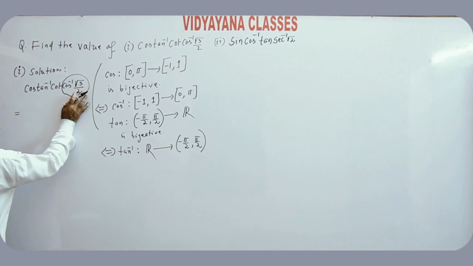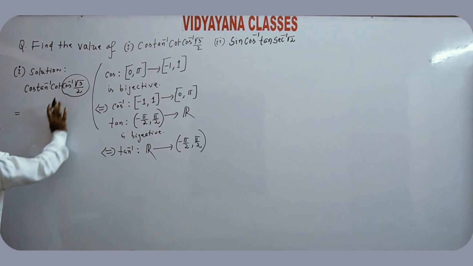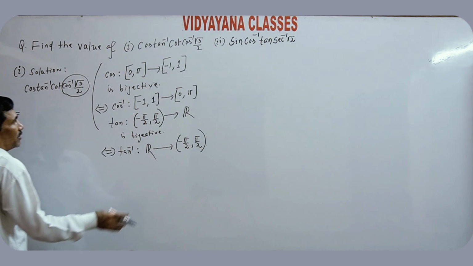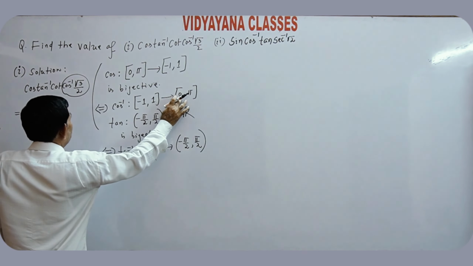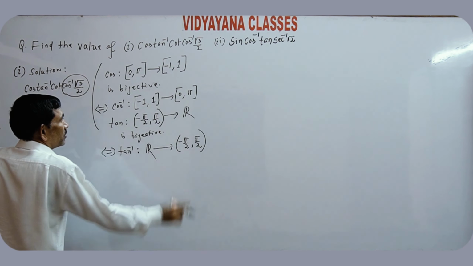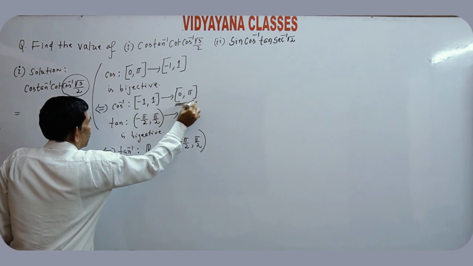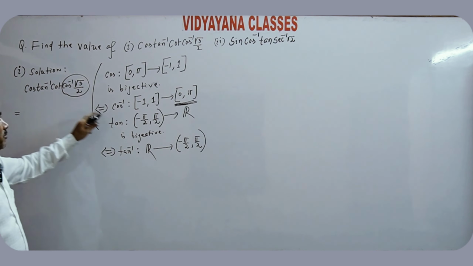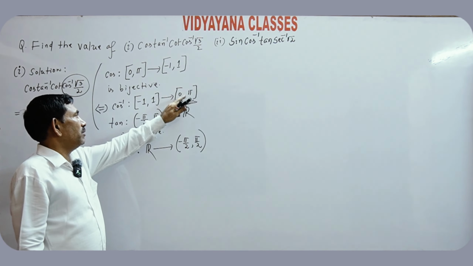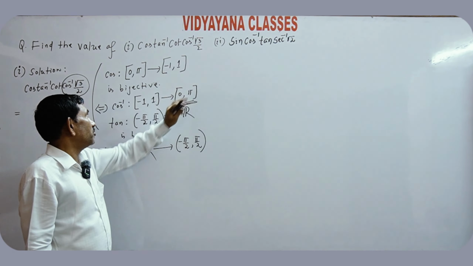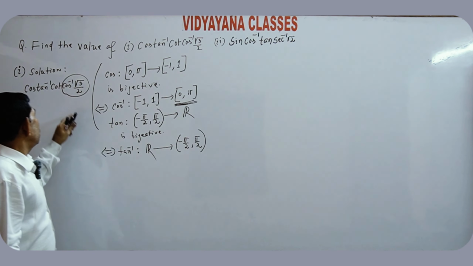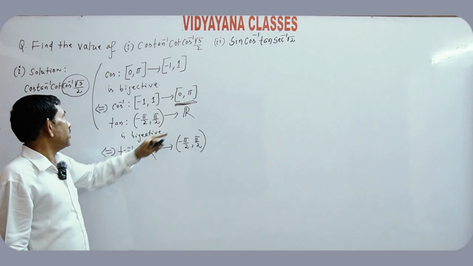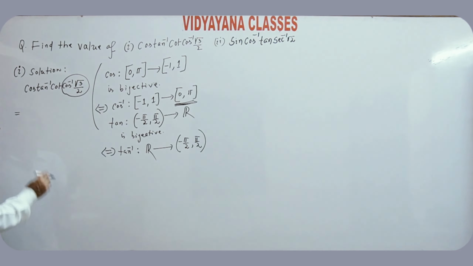For which angle that belongs to the closed interval 0 to pi is the value root 3 by 2?